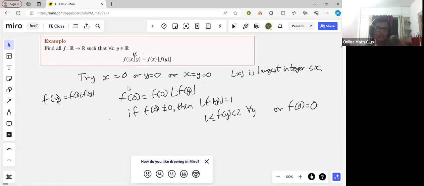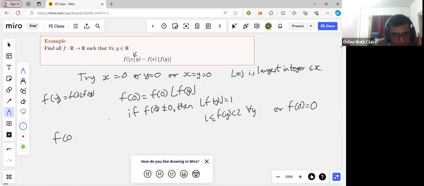In general, putting stuff like 0, where some terms vanish, is quite useful because we have fewer terms now. In general, in FEs, if we try to make some stuff vanish or cancel, it's usually a good idea. So let's try putting y equal to 0, so that this term vanishes.